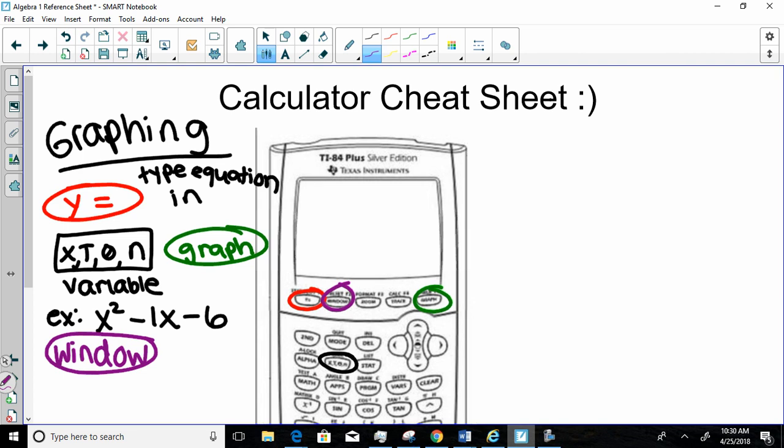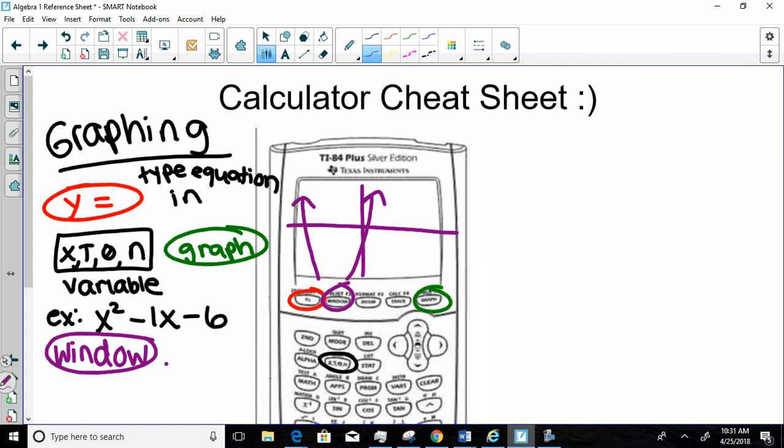So like if the graph is like this, here I'll do an example. You don't need to write this. So say the graph is like this, and you can't see the bump, you want to see the vertex. What would I need to make bigger, the x-axis or the y-axis, to see this bump down here? The y, right? And I would need to go smaller, right? So when you look at it, you should see x-axis, y-axis.